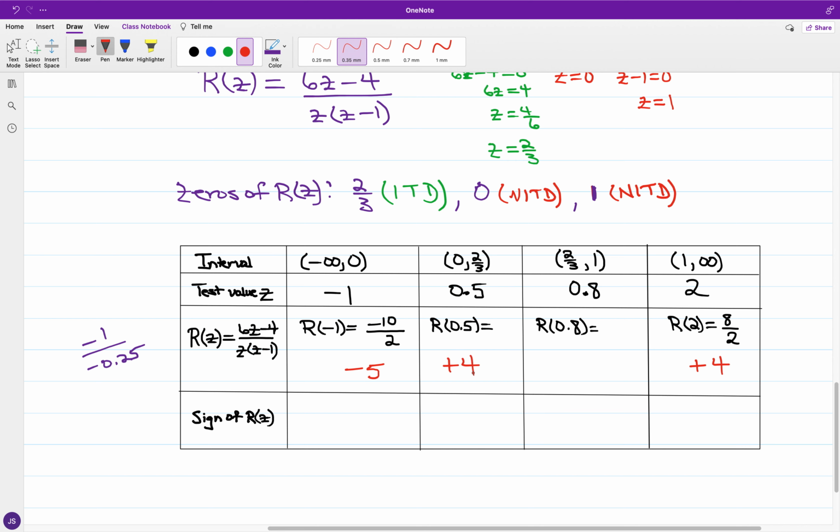And for r of 0.8, 6 times 0.8 is 4.8 minus 4, so you got 0.8. And you got 0.8 times 0.8 minus 1, so that's 0.8 times negative 0.2, which is minus 0.16. And that results in a negative 5.